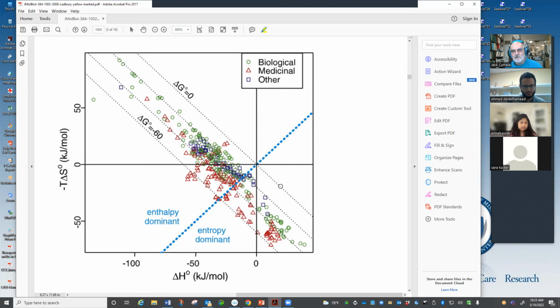Biological is green, and you'll notice most of the green data is between minus 20 and minus 40. So the biological data tends to bind with weaker affinity to its target. All right. The argument that they make is, and there are a number of things that we'll emphasize, that this is sort of a feature of natural compounds.